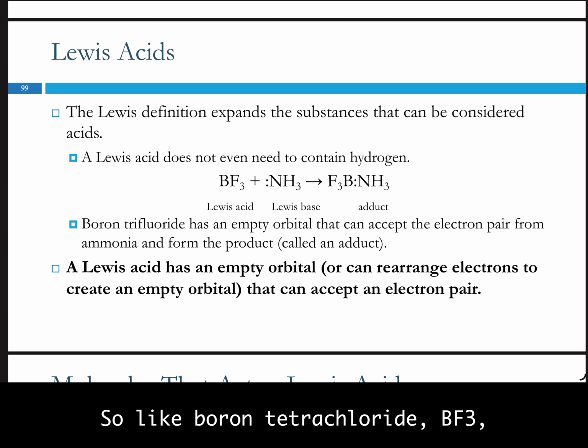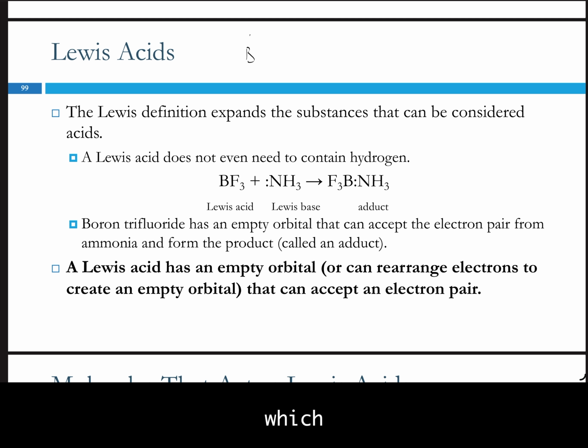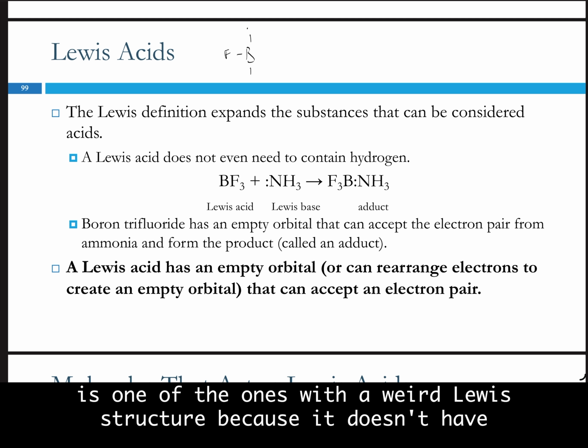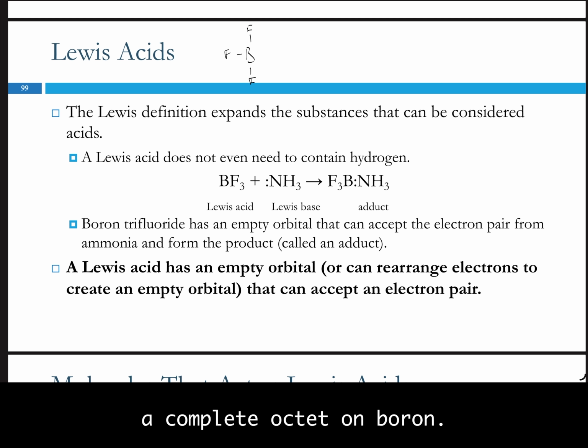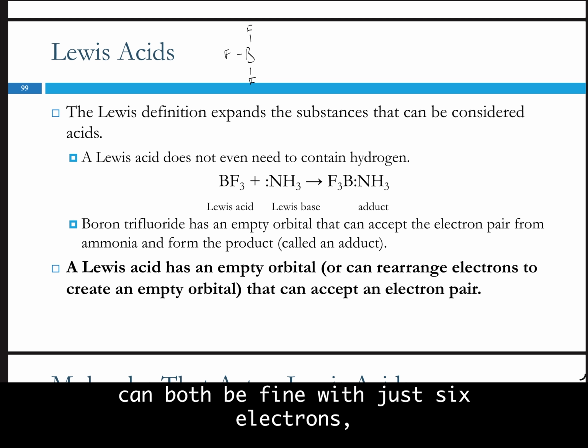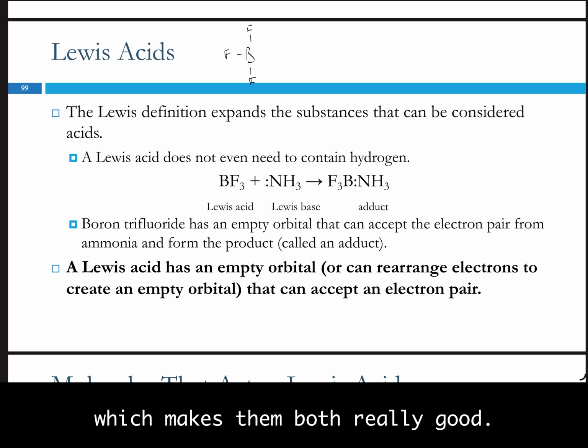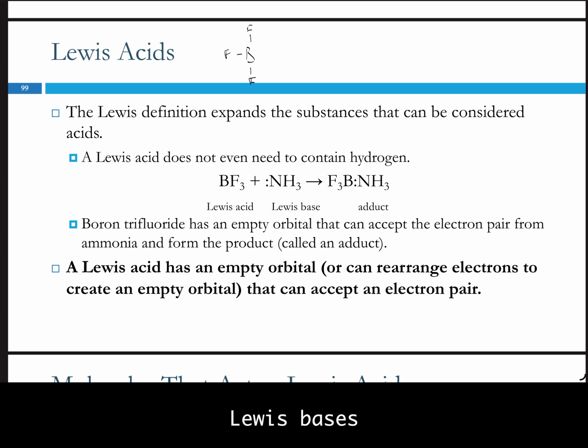Like BF3, which is one of the ones with a weird Lewis structure because it doesn't have a completed octet on boron. Boron and aluminum can both be fine with just 6 electrons, which makes them both really good Lewis bases.